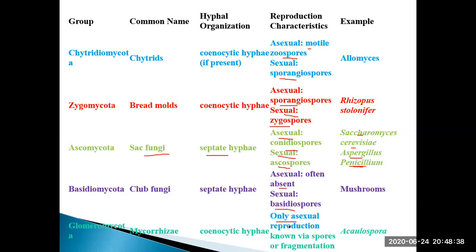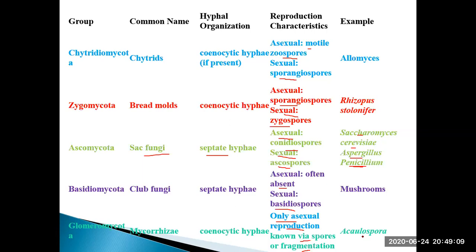Only asexual reproduction is present, and it can happen in two ways, either by spores or by the process of fragmentation. An example is Acaulospora. So these are our five phyla of systematic classification with common name, hyphal organization, reproduction characteristics, and examples.